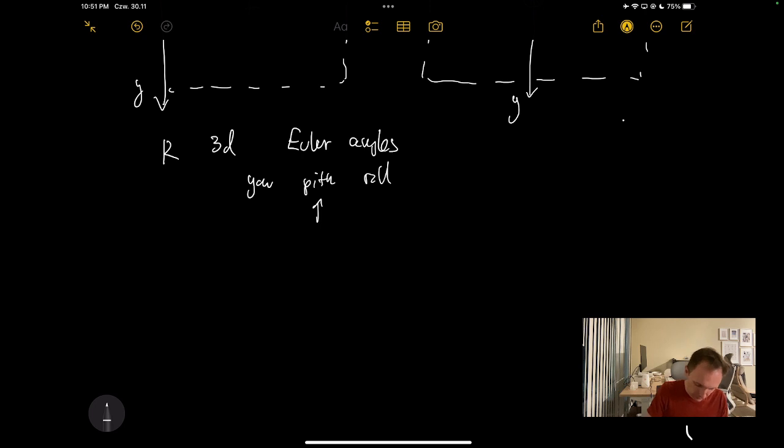So in other words, if I have a coordinate system, and this is x, y, z, and y is pointing away from me, so this is rotation around x-axis. So this is x-axis, right?